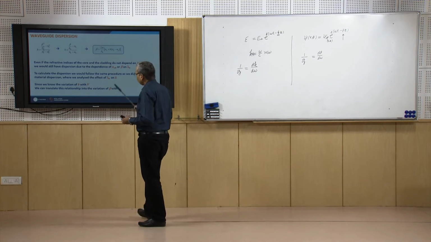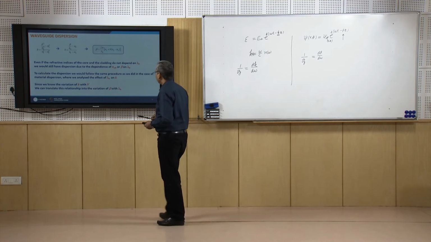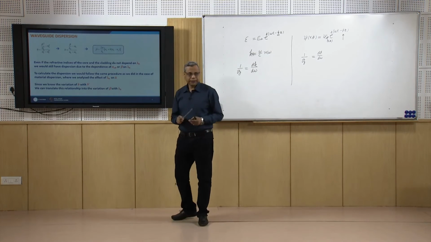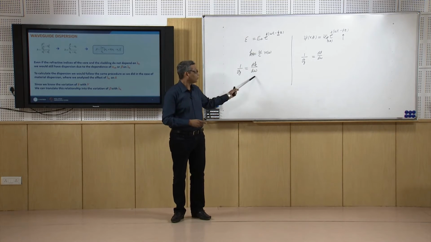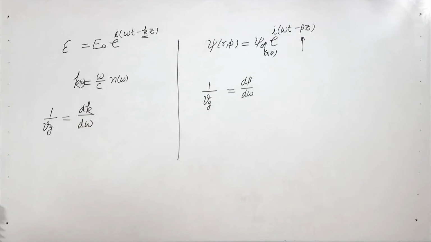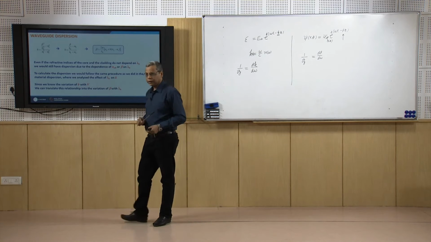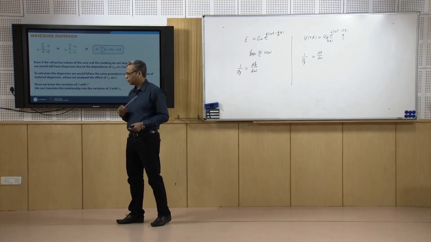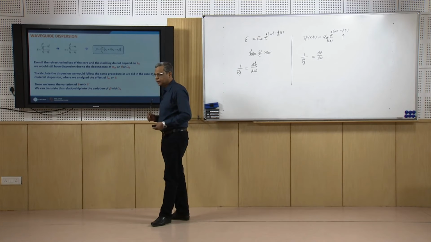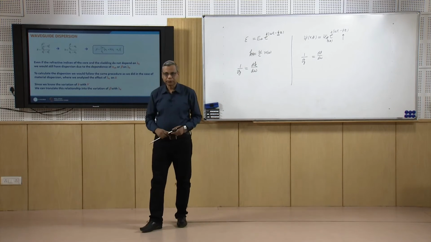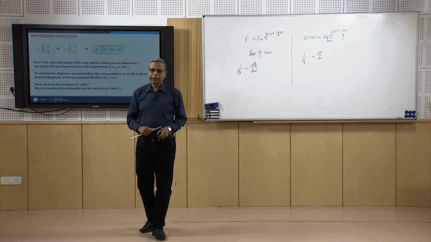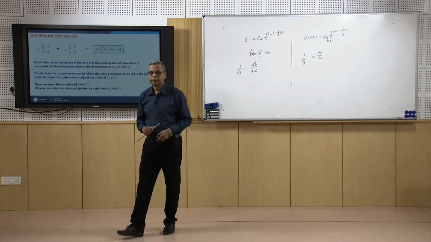So to calculate the dispersion, we will follow exactly the same procedure as we had done for material dispersion, and in this way I will find out the group velocity by d beta over d omega and subsequently the pulse broadening and waveguide dispersion coefficient.